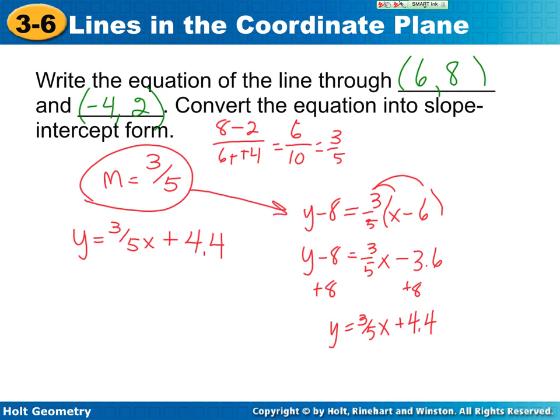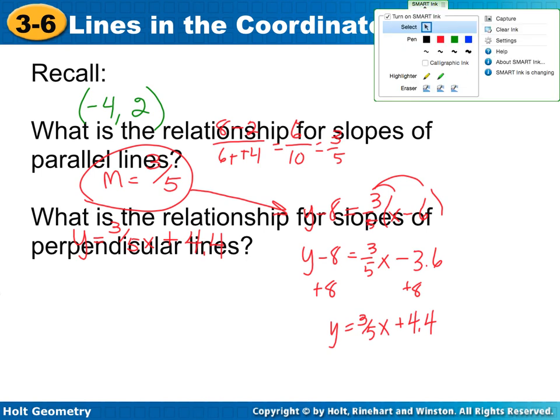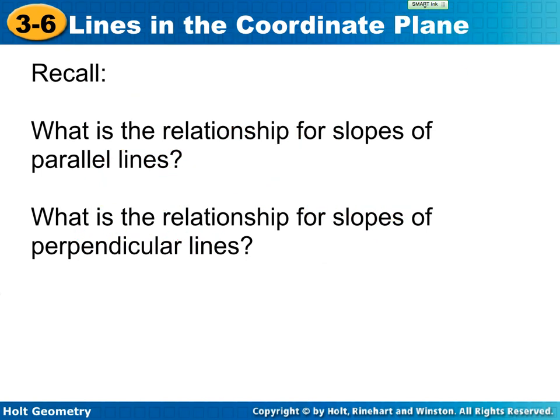You could choose either point you wanted, and then simplified it. The simplifying is always the same. You're going to distribute, and then you're going to either add or subtract this number off to the right-hand side. We're going to be doing more equations, so let's see if we can get practiced at that as we go through some more things. We're going to be doing it some more in a different situation.